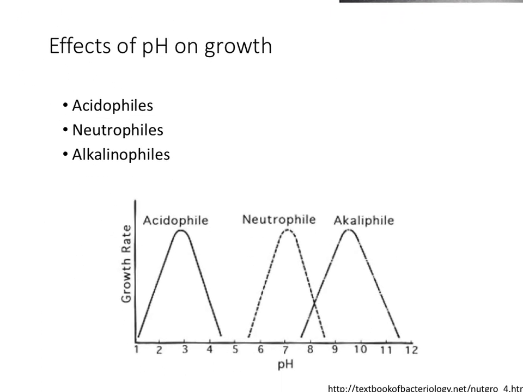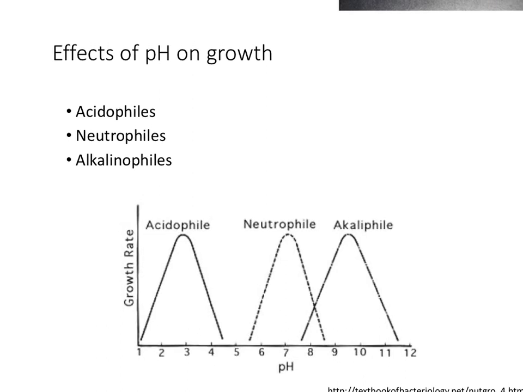All right, most organisms can tolerate a rather narrow window of pH. That hydrogen ion concentration can interfere with bonding. But again, we've got terminology to describe bacteria as to what kind of pH they grow best at. So an organism that's an acidophile will grow best at acidic pH.